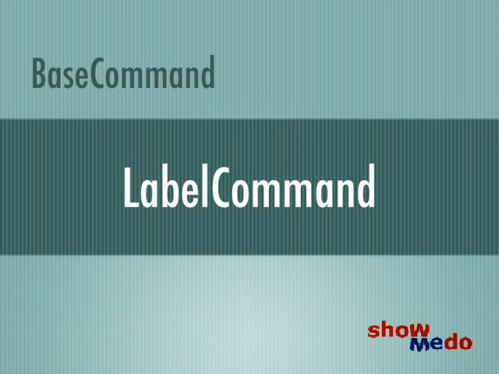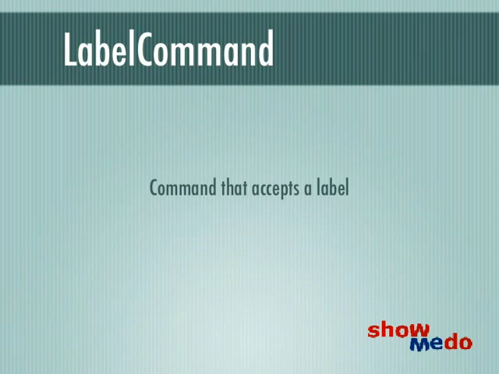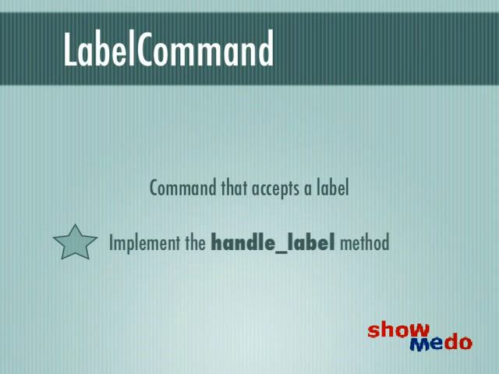The LabelCommand is used quite often. As I said, it's a command that accepts a label, and in its case you must implement the handle_label method. Some examples of commands that are built into Django that implement the LabelCommand class are startapp, startproject, and createcachetable.